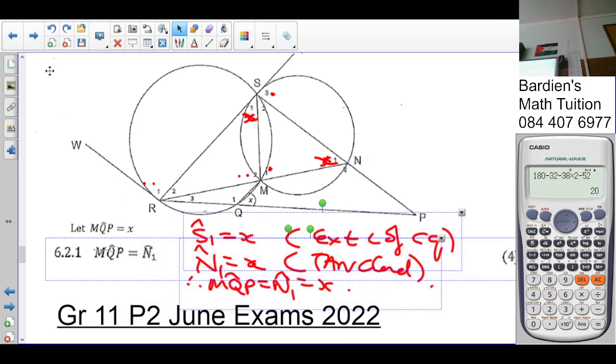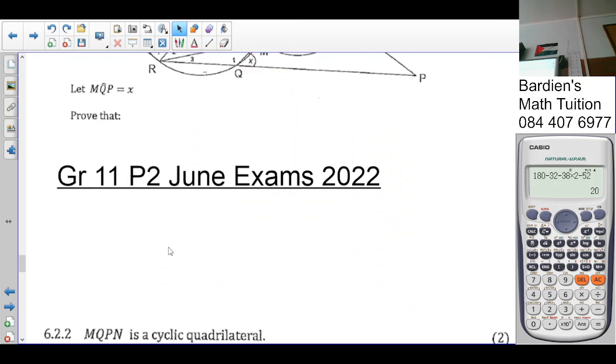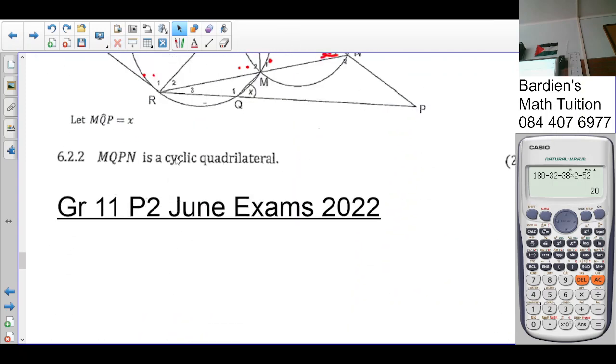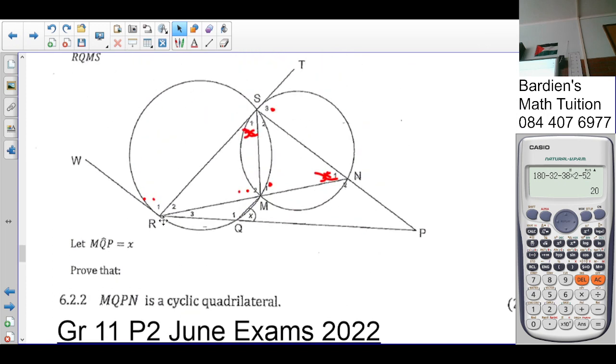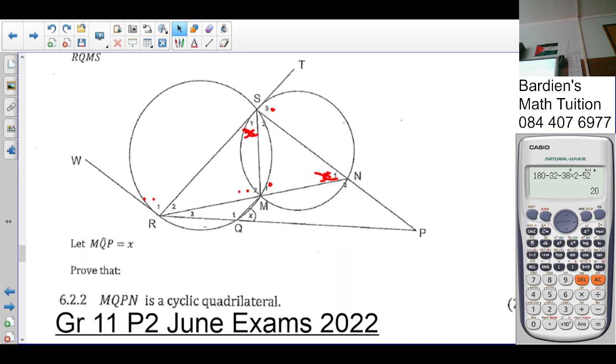Let's go to 6.2.2. We are asked to prove that MQPN is a cyclic quad. To prove a cyclic quad is one of three: exterior angle equals interior opposite angle, opposite angles are supplementary, or the bow tie, the converse theorem. As you can see, that is the case.